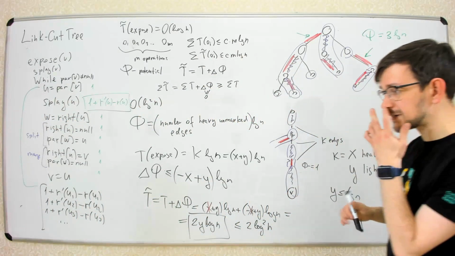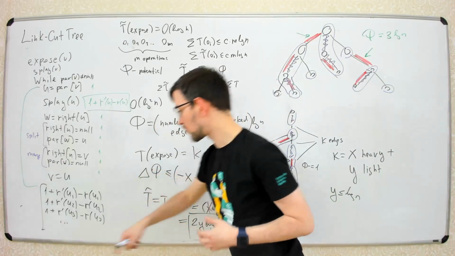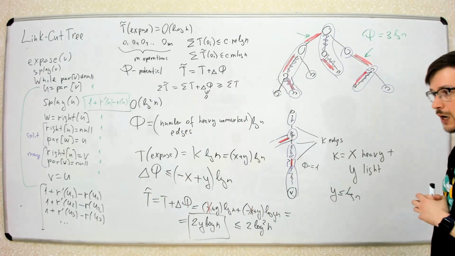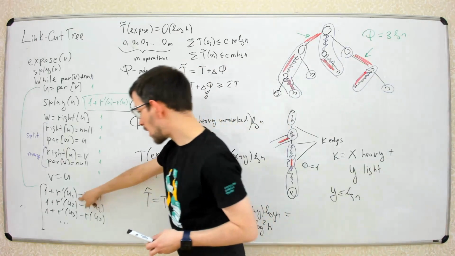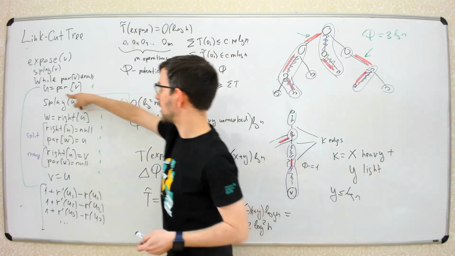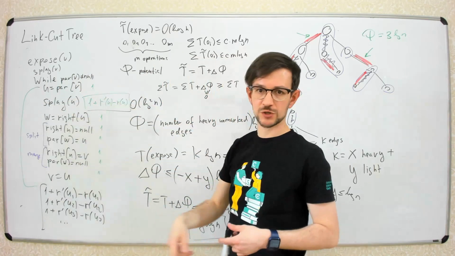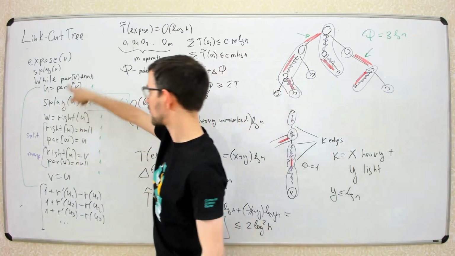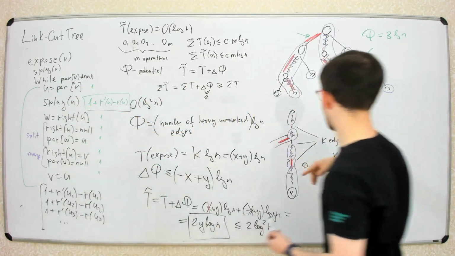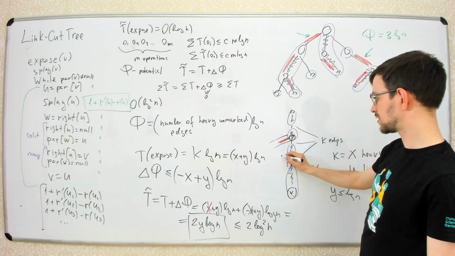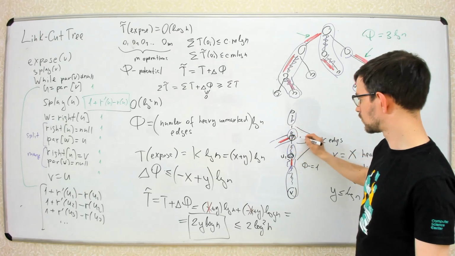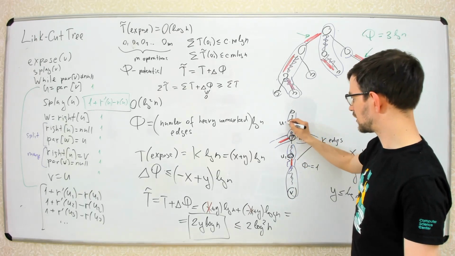So the total time complexity can be calculated as the sum of these. Here U1, U2, U3 are the variable U on different iterations of this loop.